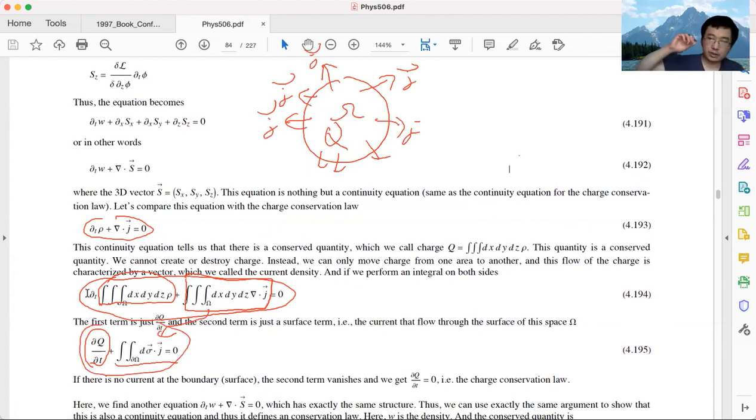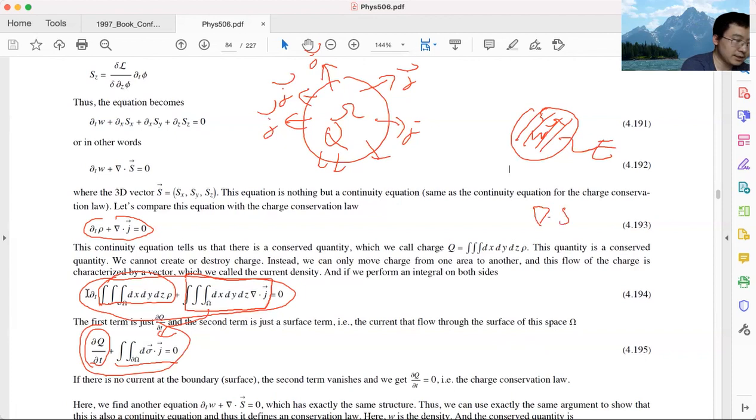And for our W and S, it's exactly the same story. The integral of W inside omega tells me the total energy inside this region. And the divergence of S, if we do a 3D integral, again we can use Stokes' theorem to convert this into a surface integral.